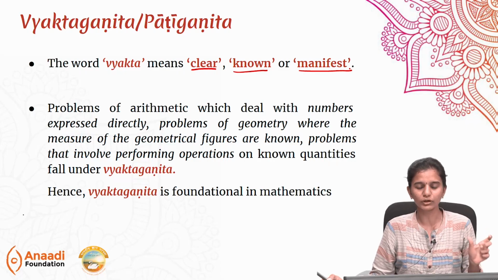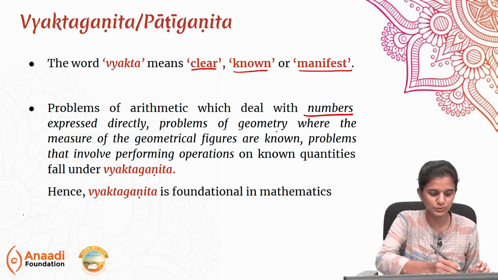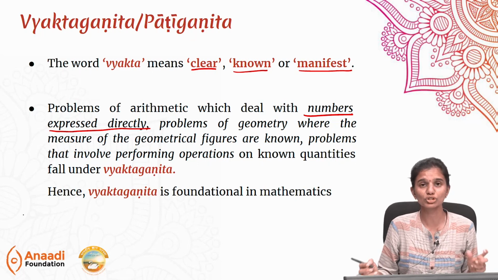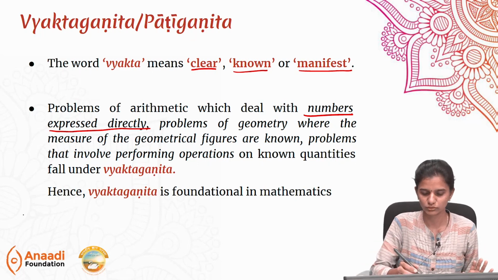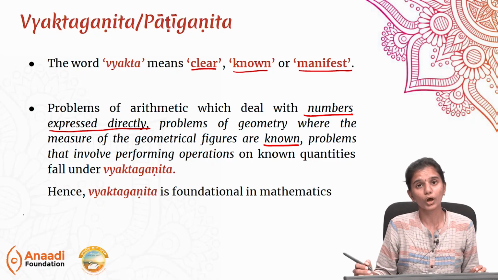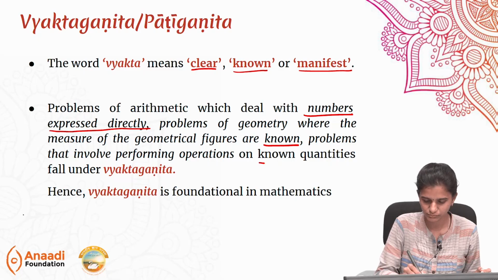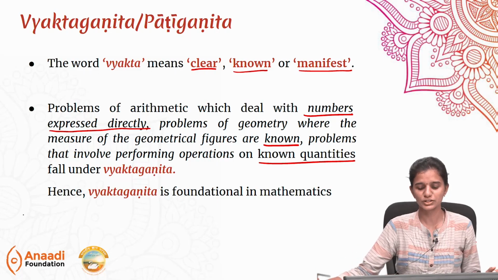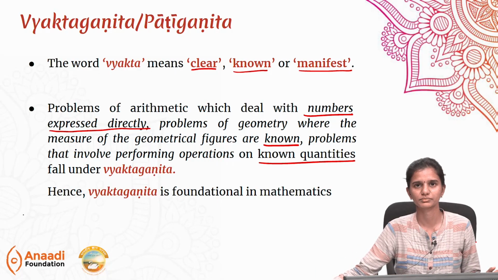Arithmetic problems that deal with numbers expressed directly, problems of geometry where the measures of the geometrical figures are known, and problems that involve performing operations on known quantities all fall under Vyakta Ganita. Hence, Vyakta Ganita is the foundation of mathematics.